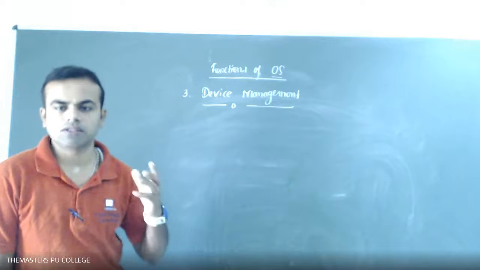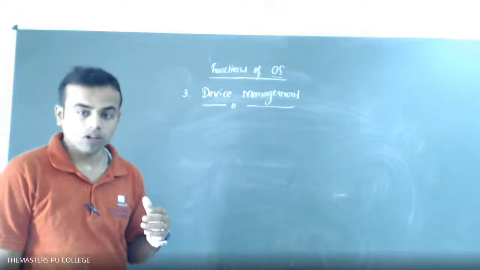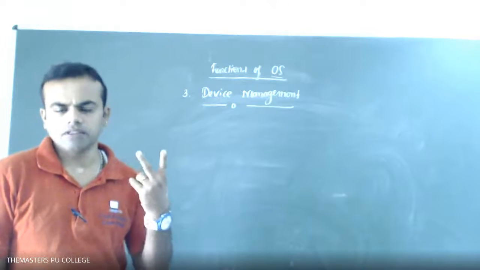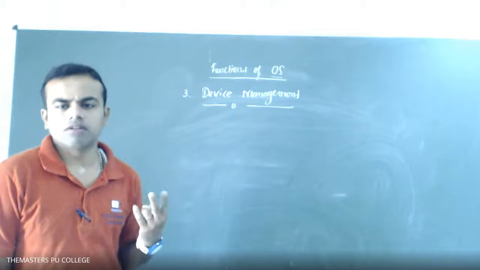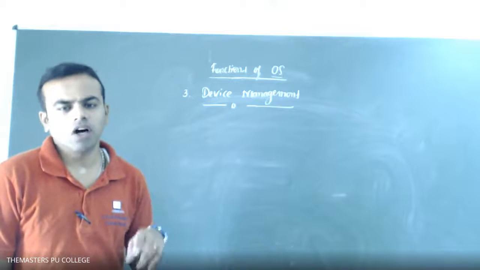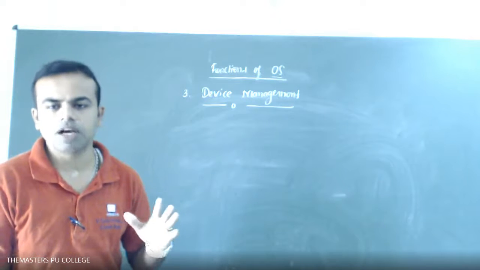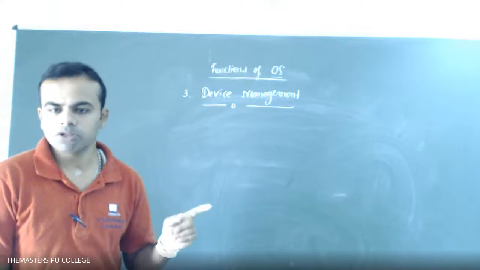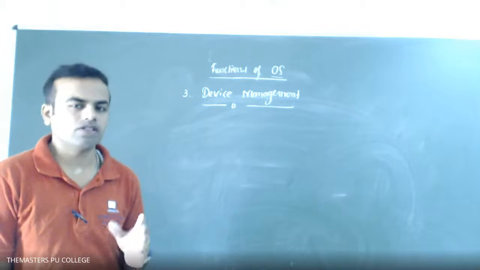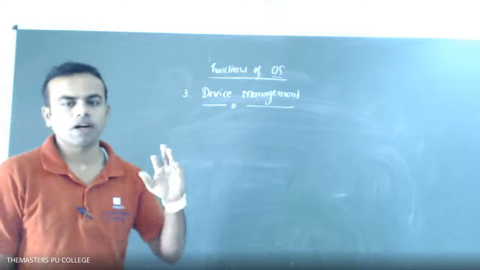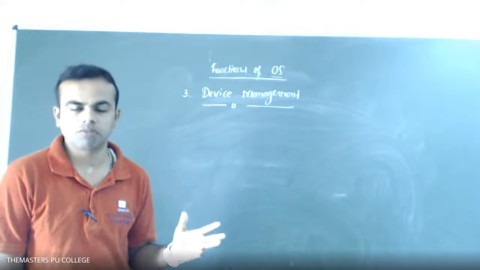The hardware devices, the input and output devices. Extra or additional ones we call storage devices. So device management includes the input, output, and storage devices of the computer system.